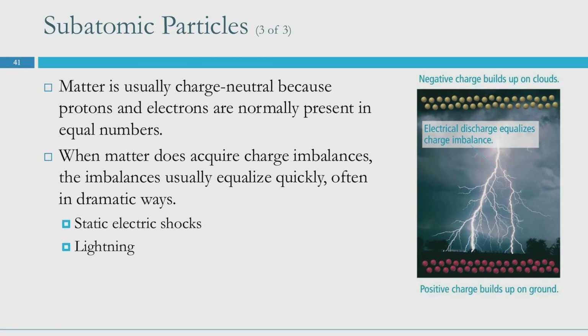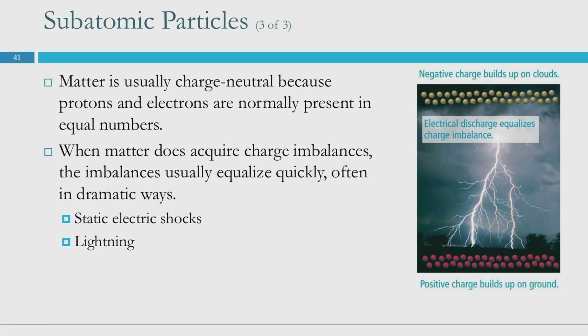So matter is typically charge neutral because we've got equal numbers of protons and electrons present in matter. Normal atoms have the same number of positive and negative charge, so it's all equal, it's all good. However, you can get charge imbalances.